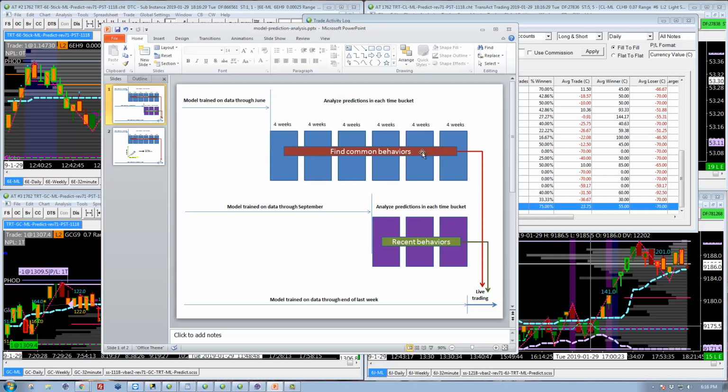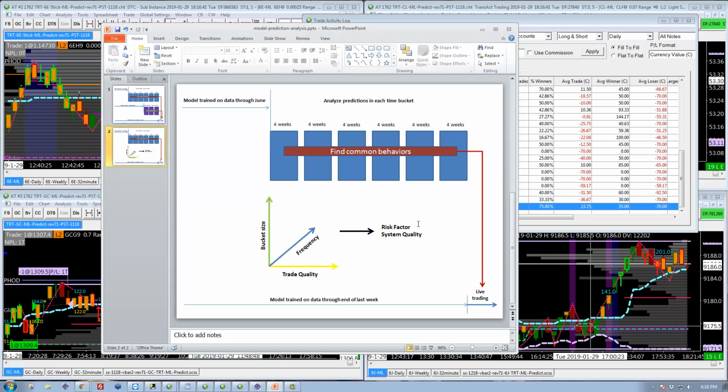So what we're going to do is take this approach of finding common behaviors and refine it. This is going to get thrown out, and instead I've written a program that allows me to look at the data and change the bucket size, that is, how many days are in each of these buckets.